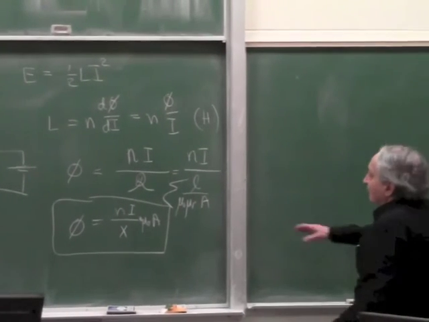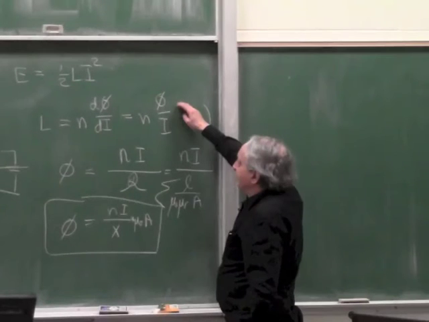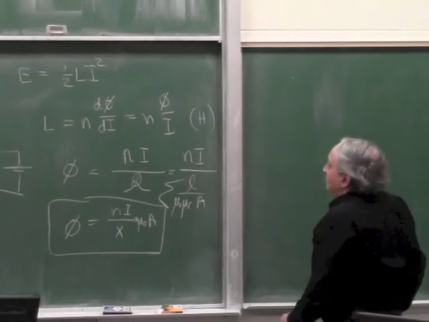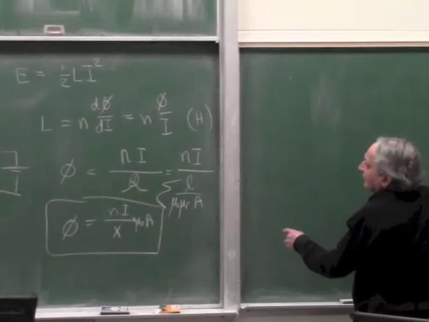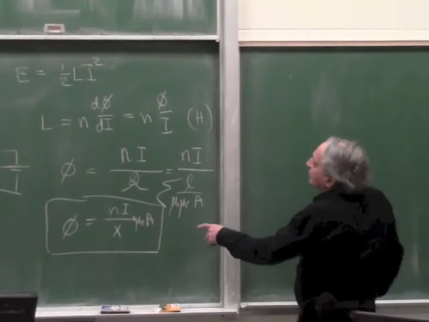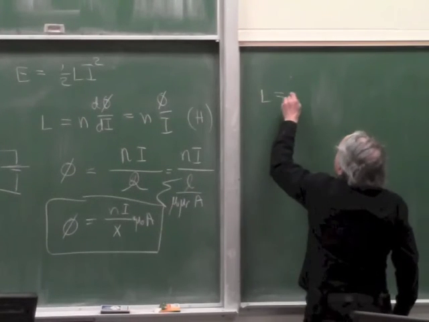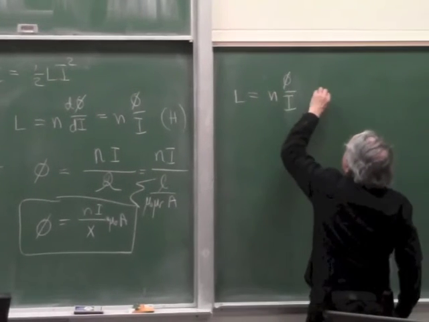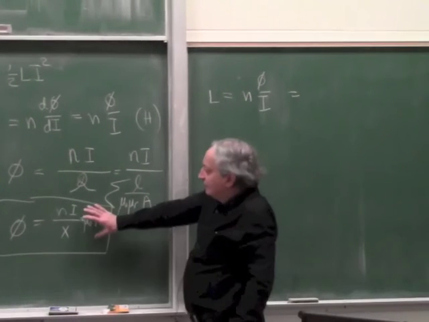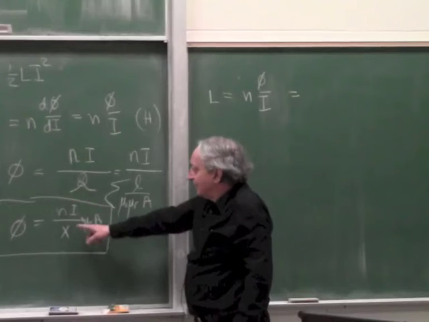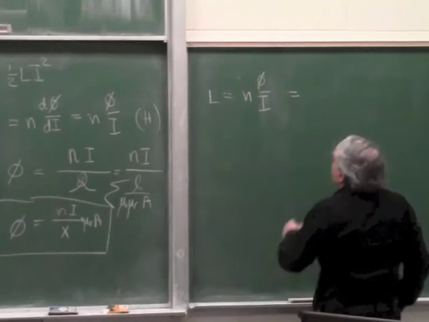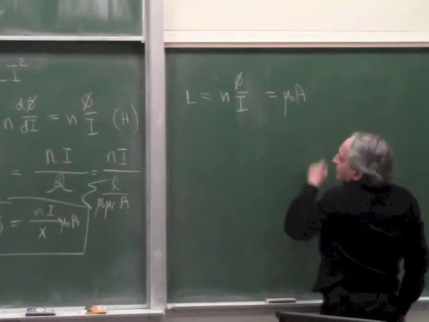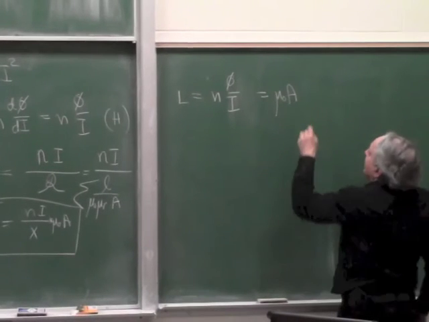So now we can plug this into this, and this into this, and we get the energy. So we know phi, so we know L. L by definition is N phi over I. So we take phi, divide by I, so I gets cancelled out. So we get mu 0 A N over x.